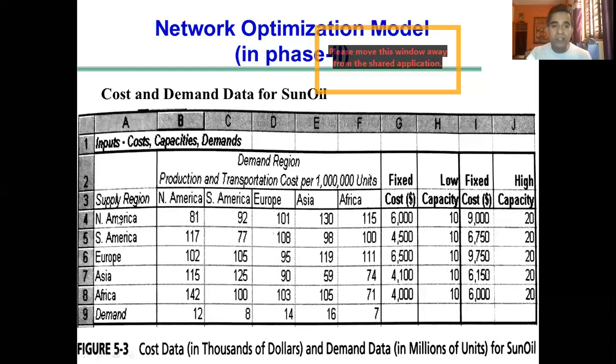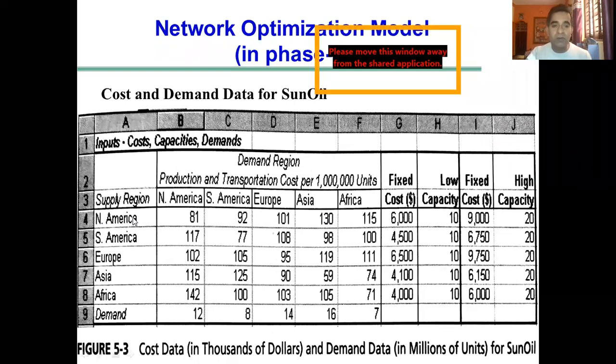Similarly, if the company decides to manufacture in North America and sell in South America, it would incur a cost of $92,000 for 1 million units. We also learned that as the distance increases, the production and transportation cost also increases.